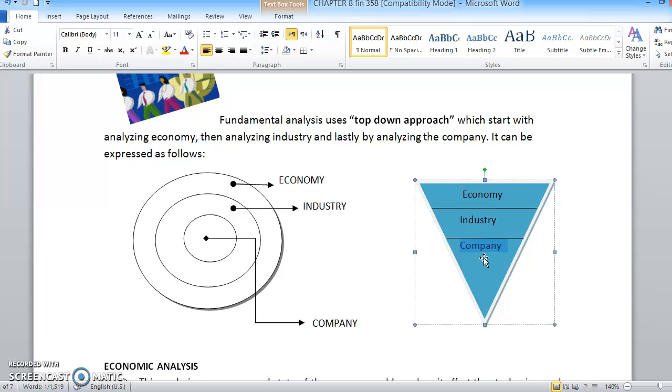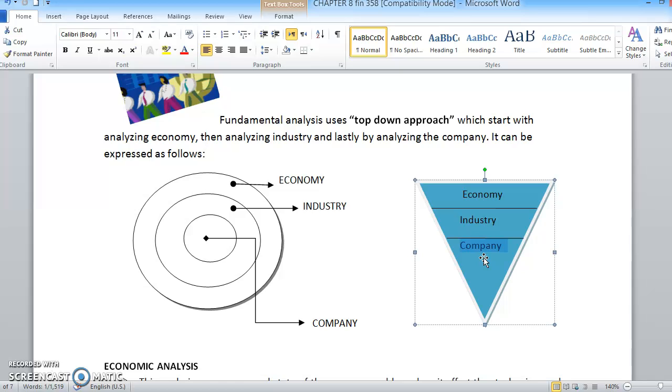So as an investor, or as an investment analyst, for example, we cannot leave out the economic and industry factors, because they are really related to how the companies do in a particular year, or in their financial years.